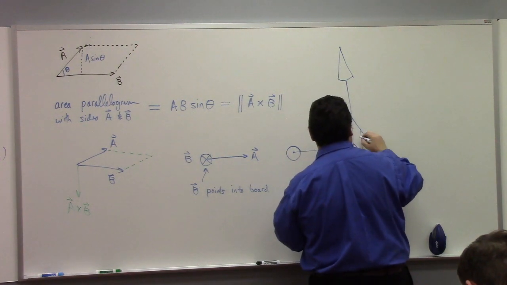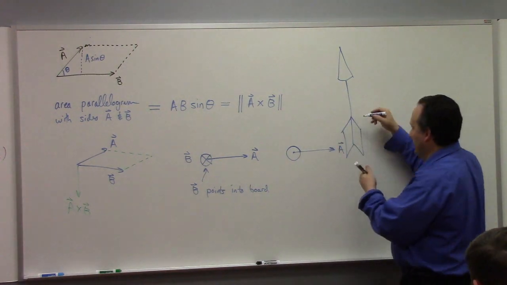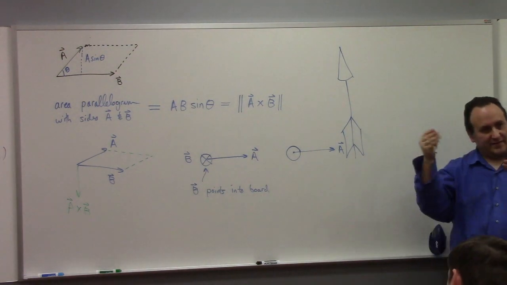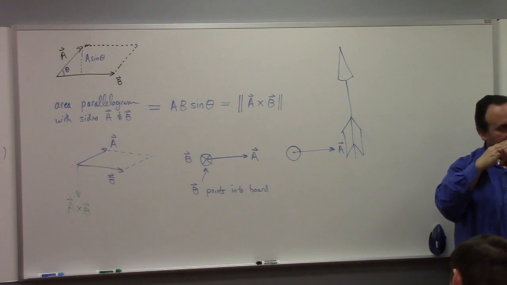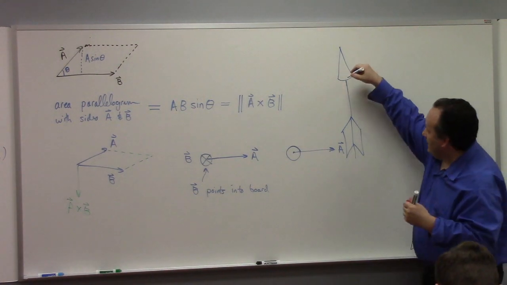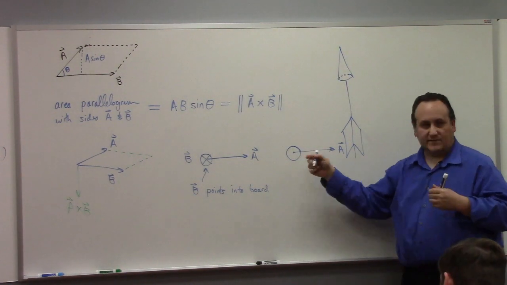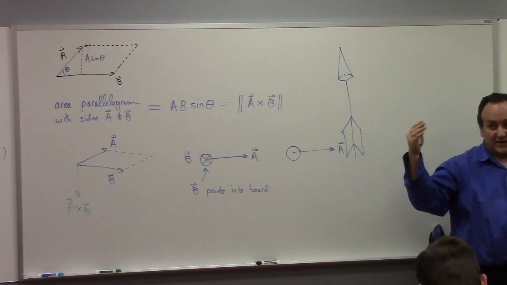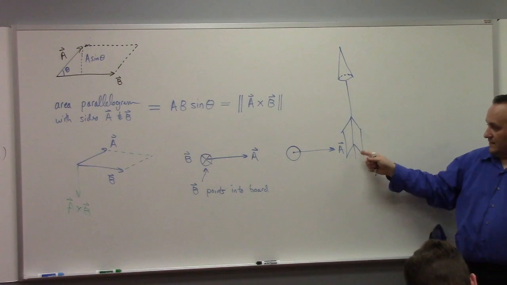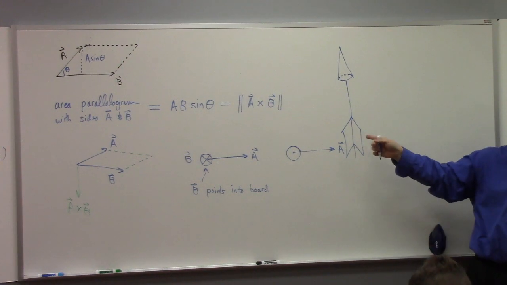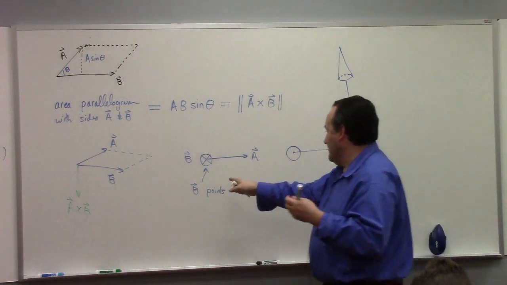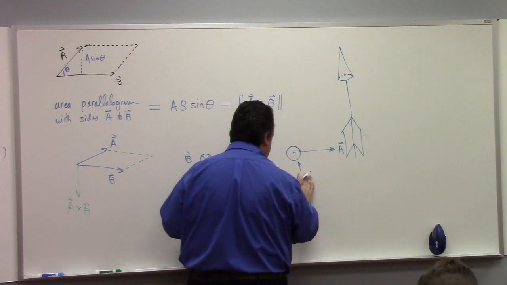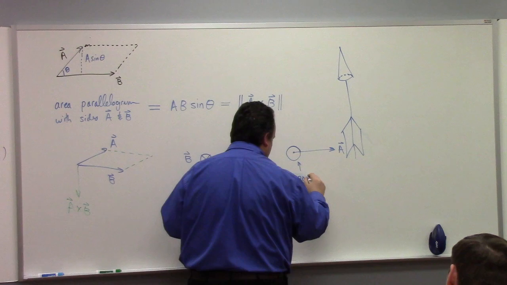I can't draw them, but you've got four fins coming out the back. So if you look at the fins from the back, it makes a cross, whereas the tip of the arrow is like a cone, so that's just like a circle and a dot if you look at it head on. That way we distinguish the tip of the arrow from the tail feathers. So this B points into the board, whereas this one points out.